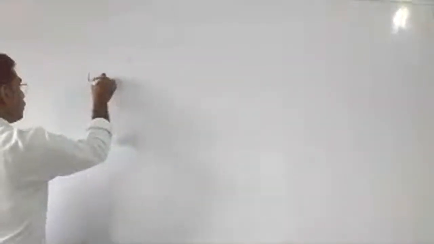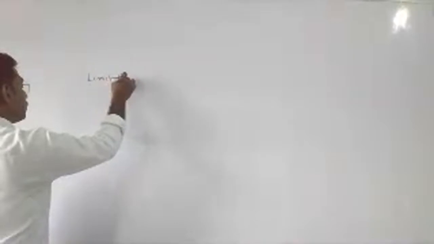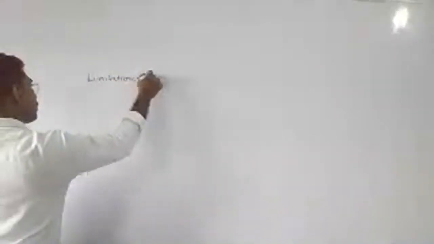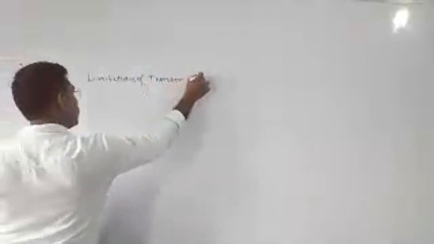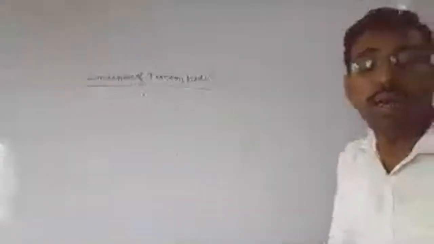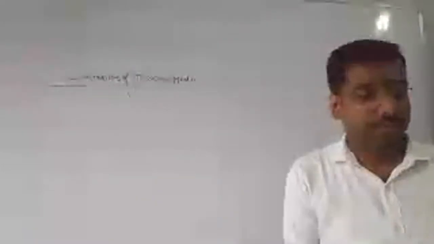Now write limitations of Thomson's model. Means what was its drawback? What was the drawback? Can anyone tell me?